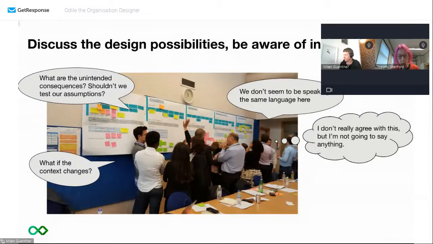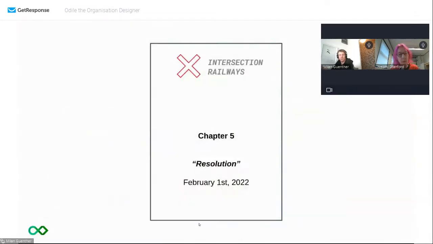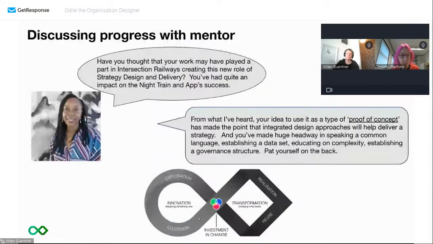So once you've got a plan and you start to move into it, you then have to deliver it. And we're going to skip quite a bit of that in this slide because it's going to take too long. So here in the next slide, she is discussing progress with the mentor. And this is now 3 months later, February 2022. And so she's had a year essentially to get this going.